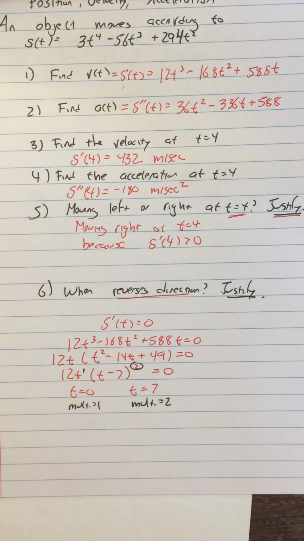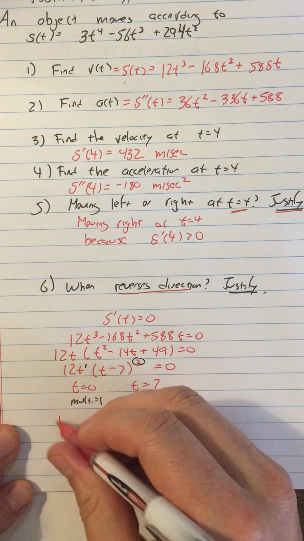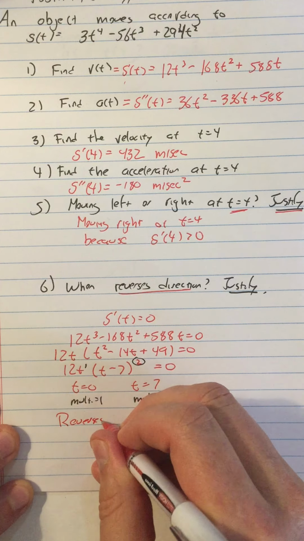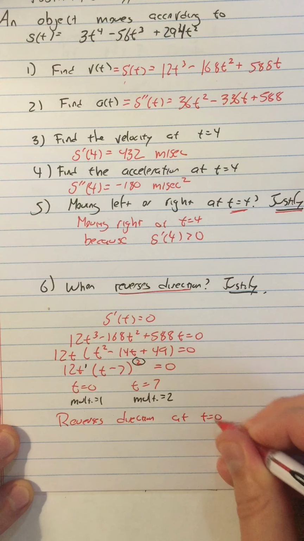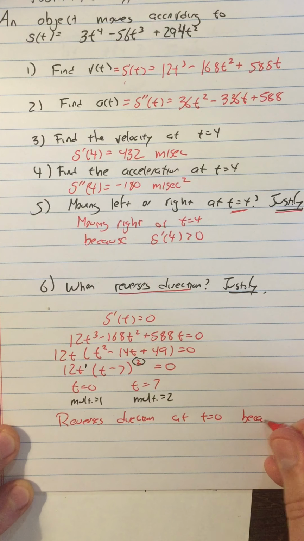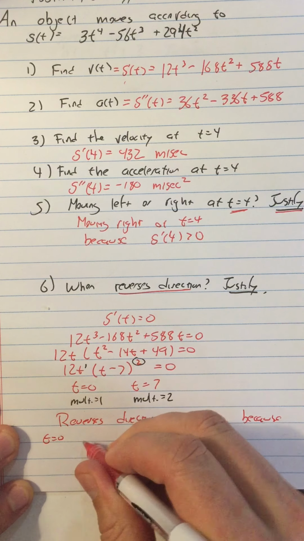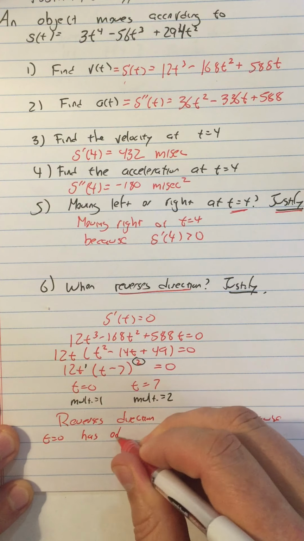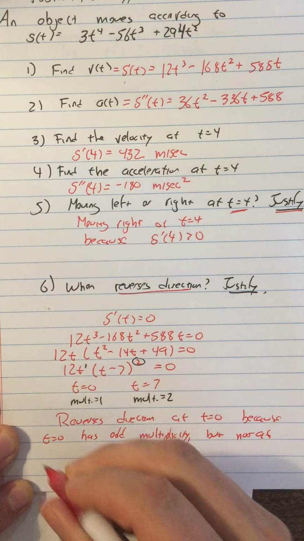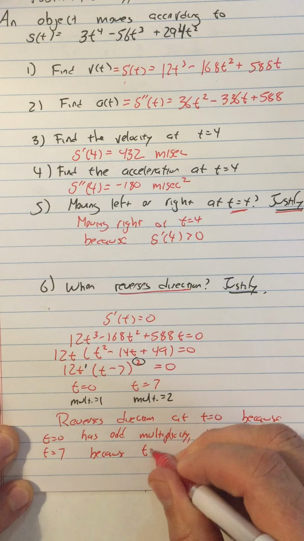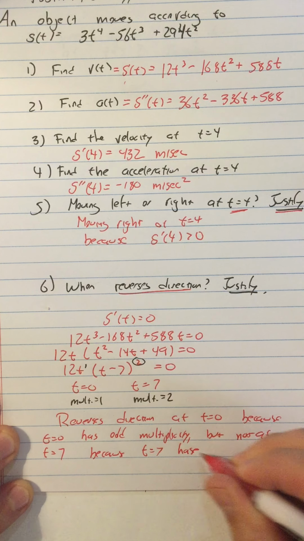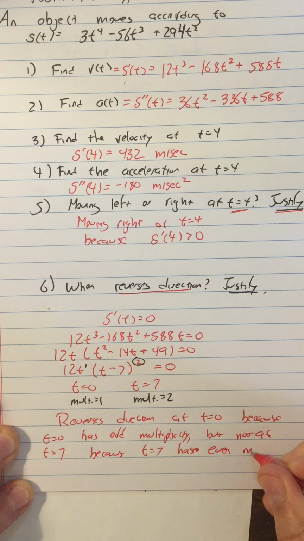All right. Now what we're going to say is that the object reverses direction at t equals 0 because t equals 0 has odd multiplicity, but not at t equals 7 because t equals 7 has even multiplicity.